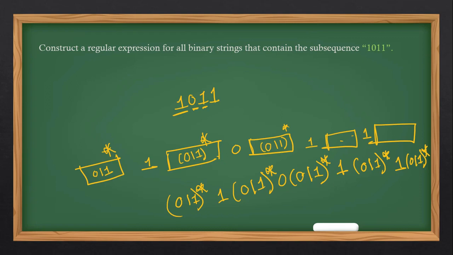This is a very correct answer, but there are other possible answers to this question which are even shorter, but I'm not going to get to that now. As long as you understand this answer and the logic behind it, that's going to be enough for now.